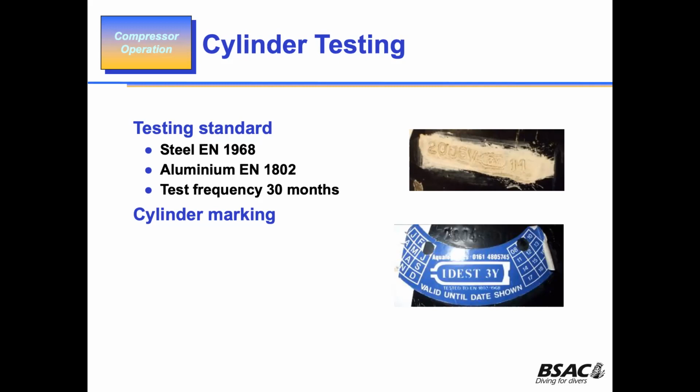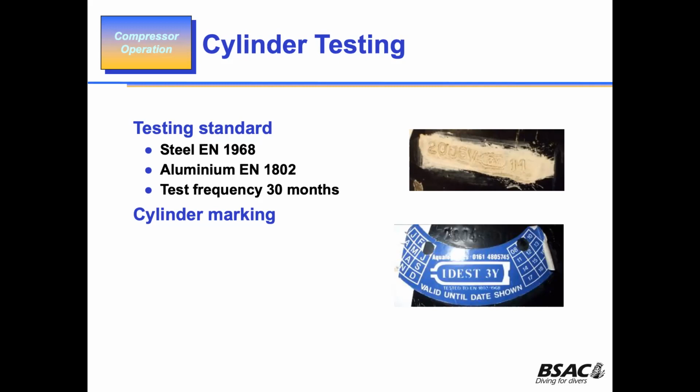Especially at Stony Cove, if they can't see that IDEST label, they will not fill the cylinder, regardless of the fact you've got it stamped. They told me that themselves. So you have to make sure that doesn't get damaged, because that is the ID of when that cylinder is next required to be tested and what test it will need.